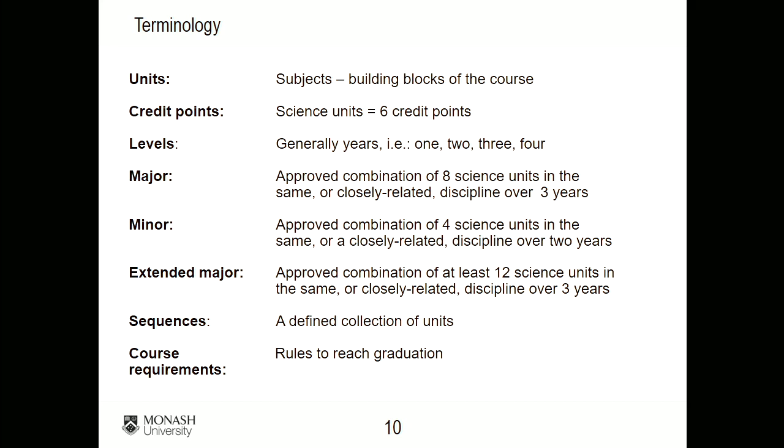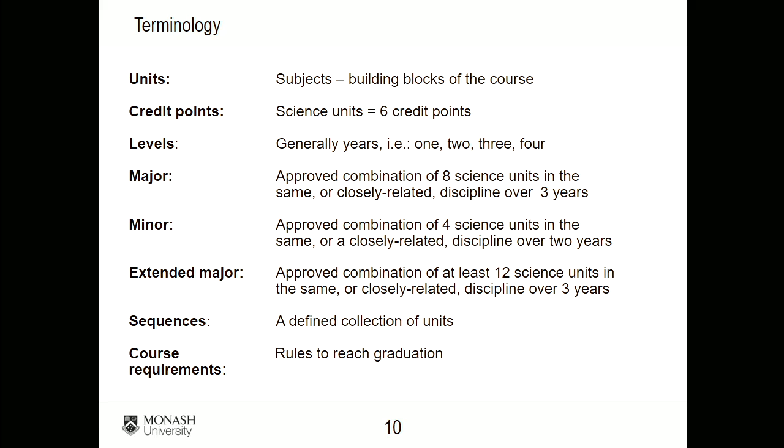So when we're talking about units, the units are the subjects that you need to select. They're the building blocks of your course. Each unit is measured by a number of credit points. In science, they're all 6 credit point units. So that gives us a basis in which to compare the amount of time and the content that is covered between different universities as well.